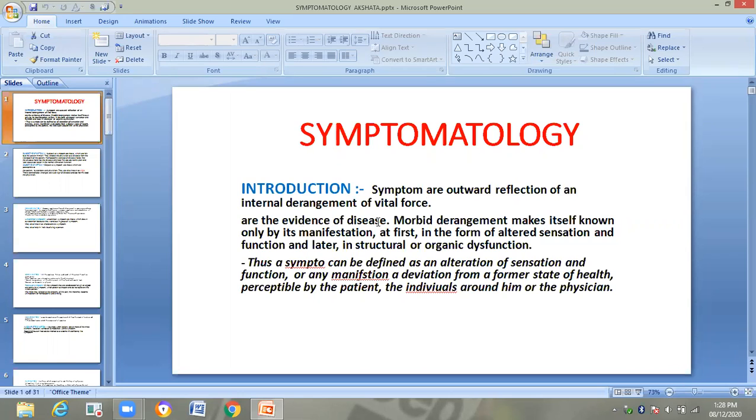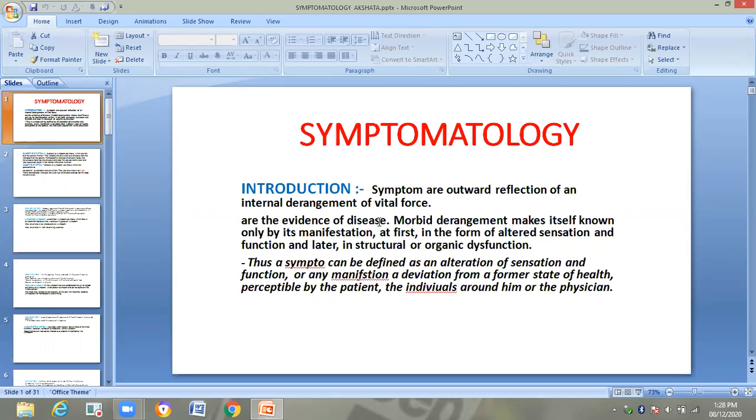So when we get the symptom, the person is diseased, or some diseased condition is present in the person. When we get the symptoms, we say that the person is diseased.